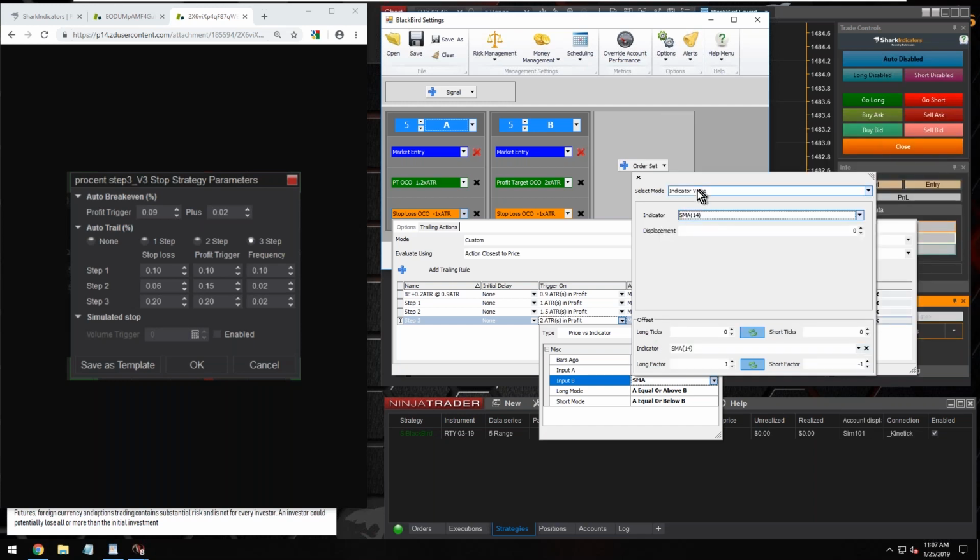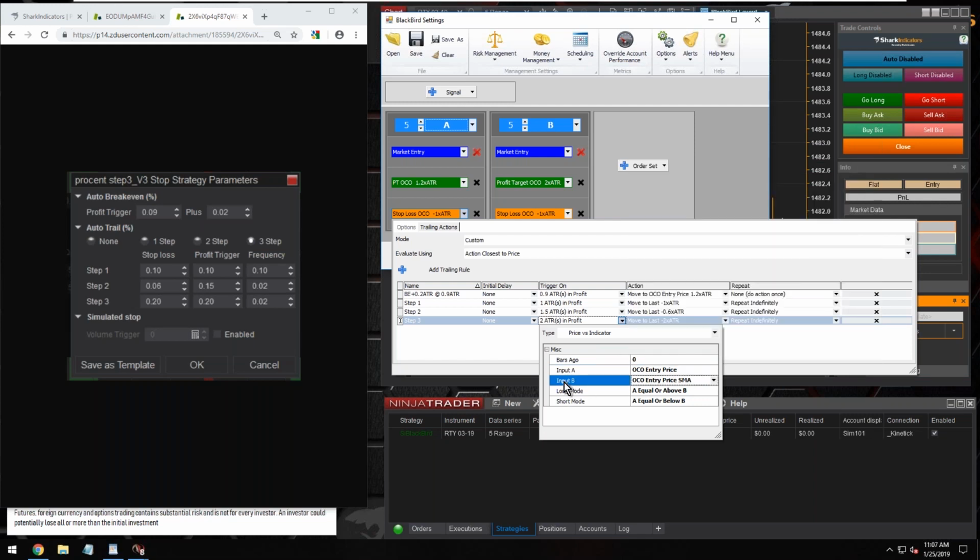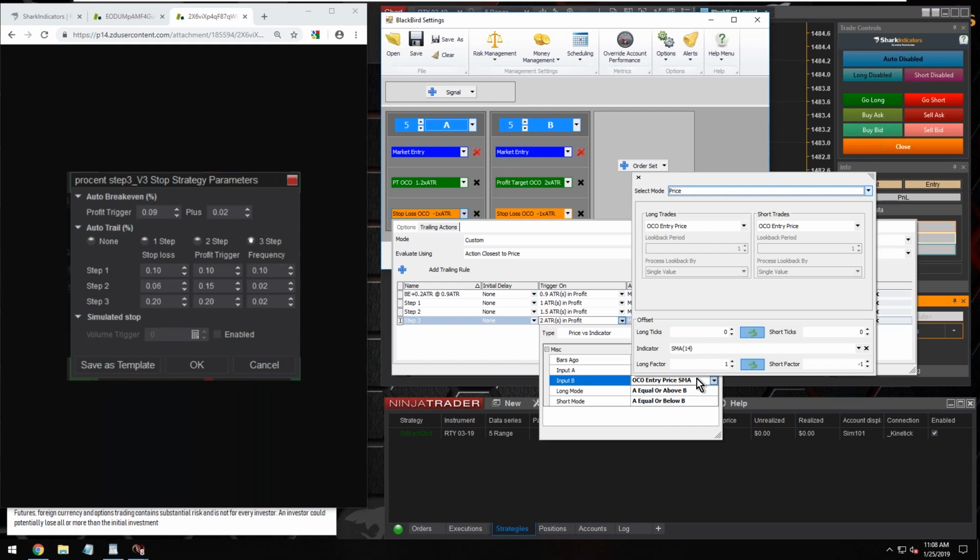Actually, they're both price. Input A, its select mode is set to price. And input B, we're also going to select price as our mode.